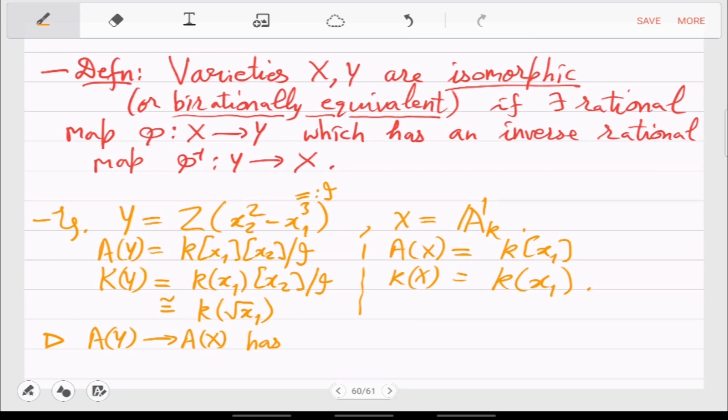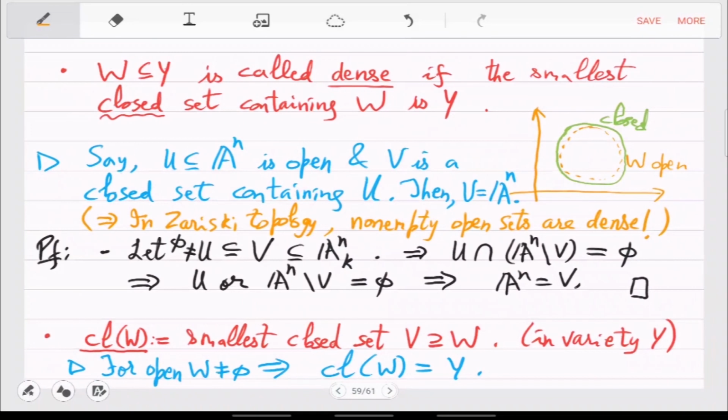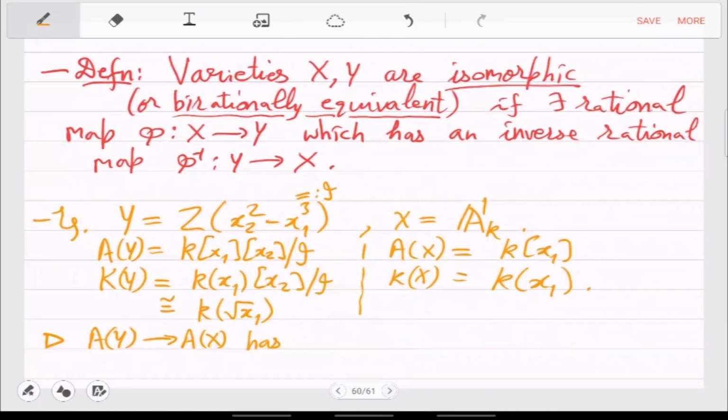Yeah, I think I'm messing up the arrows. A_X to A_Y is the trivial embedding of this polynomial ring in one variable into two variables, but it has no inverse.